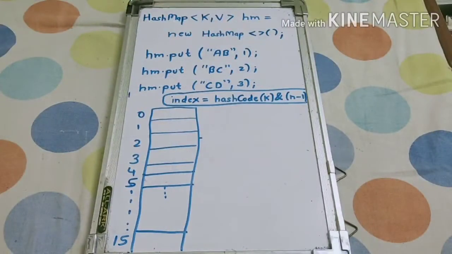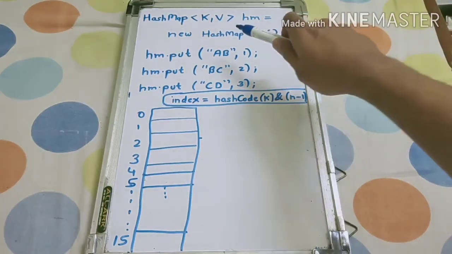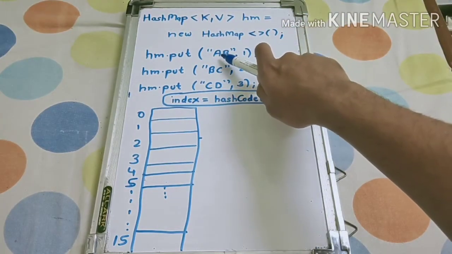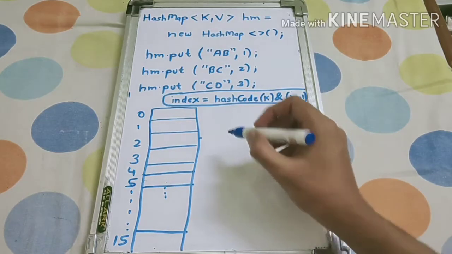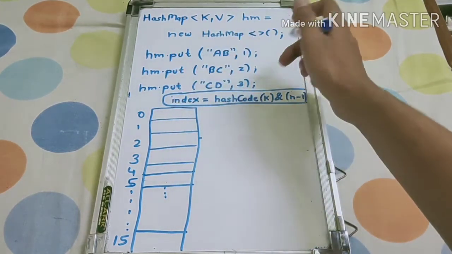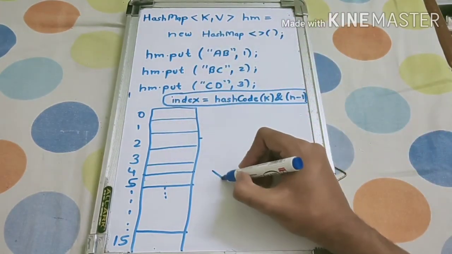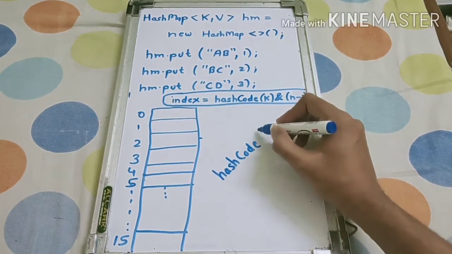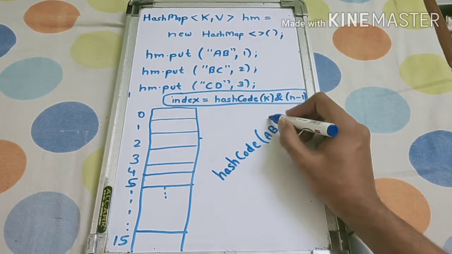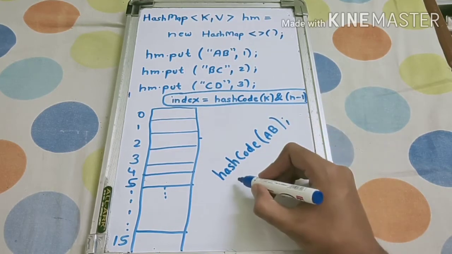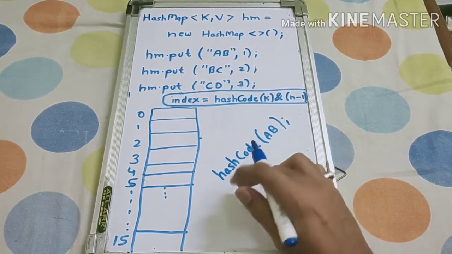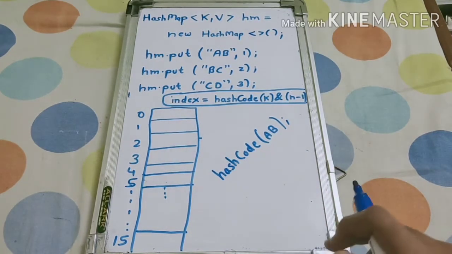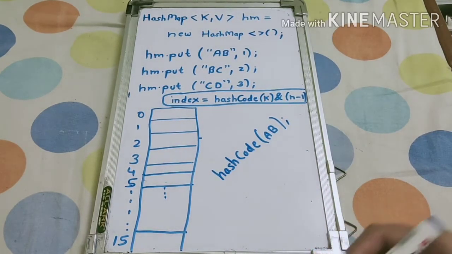Internally, the first operation performed is to calculate the hash code of the given key. Let's assume our first key is AB. When we write hm.put(AB, 1), it will calculate the hash code of that particular key, that is, the hash code of AB. It will return an integer value, which is a memory reference in the form of an integer, and it can be very big.